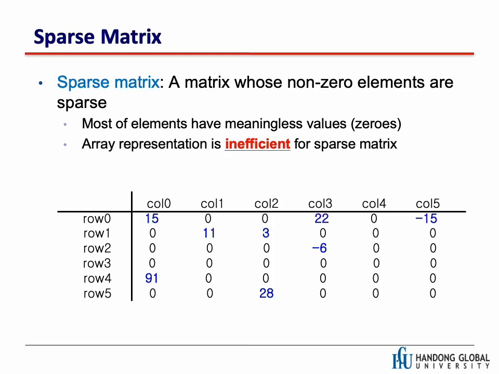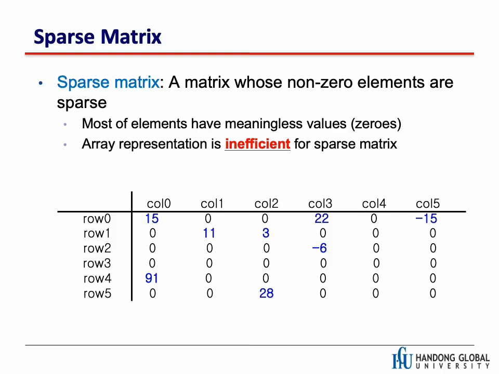And then the first user likes the 5th movie, like column 0 likes row 4, and the review score is 91. And what are these zeros? He didn't watch, or he didn't leave any review score for the other movies.